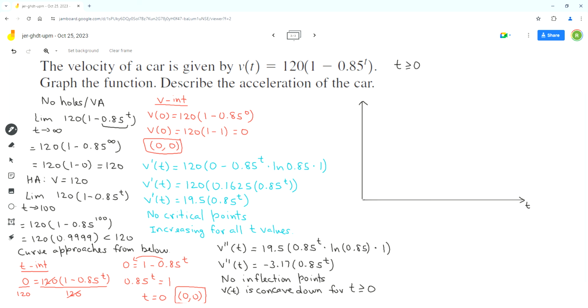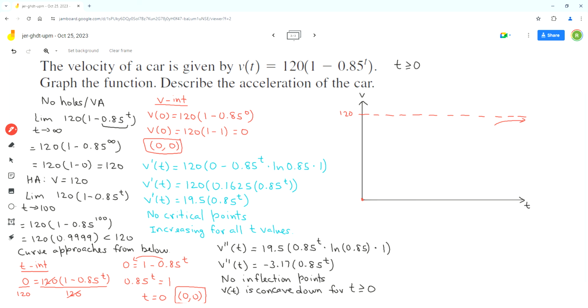So that's the t-axis. The vertical axis is the v-axis. Let's start with the asymptote. In this function, we have a horizontal asymptote at 120. So let's assume this point is 120. The t and the v intercept are the same, the origin. We also figured out that the curve approaches the horizontal asymptote from below on the right side.